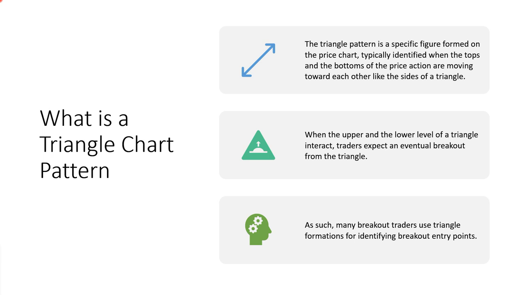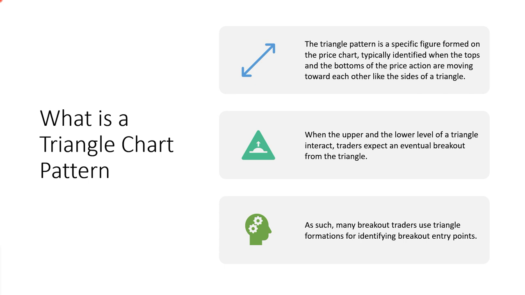Now, the triangle pattern is a specific figure formed on the price chart. Typically identified when the tops and the bottoms of price action are moving towards each other like the sides of a triangle. So the difference really between an asymmetrical triangle and a symmetrical triangle and a descending and ascending triangle, even a wedge, is the angle on which these tops and bottoms are moving at each other.